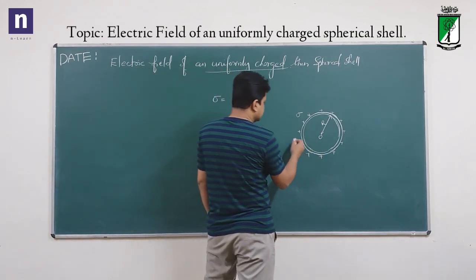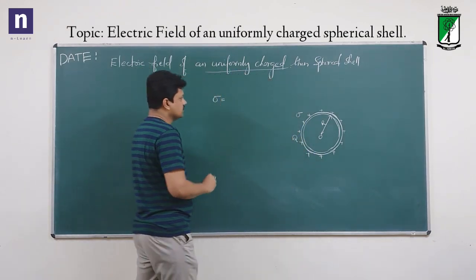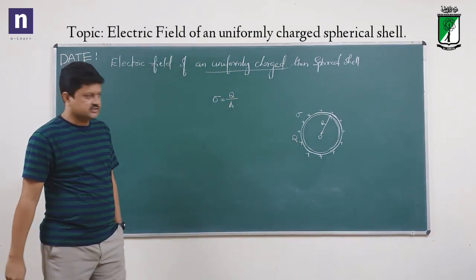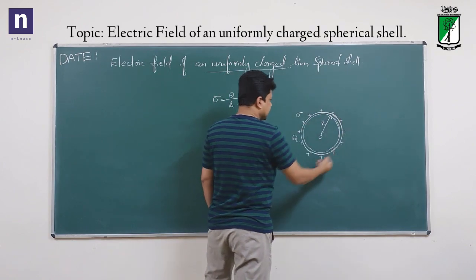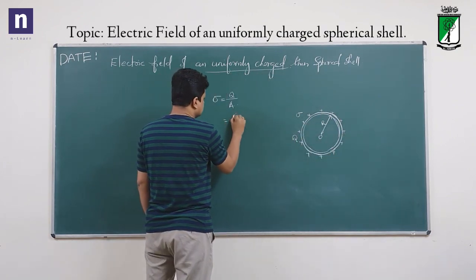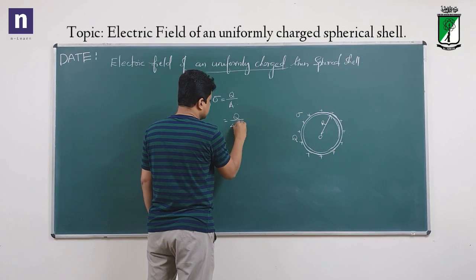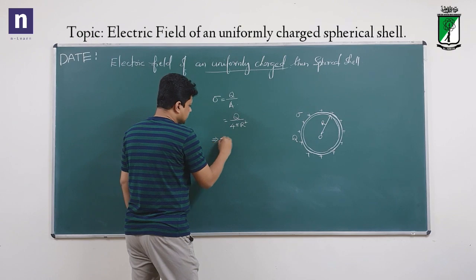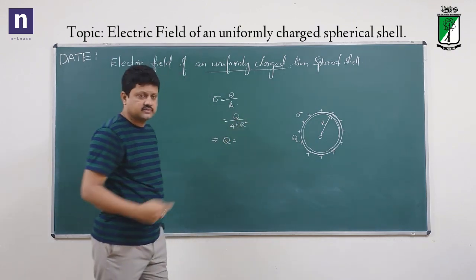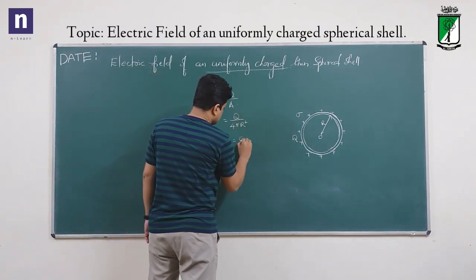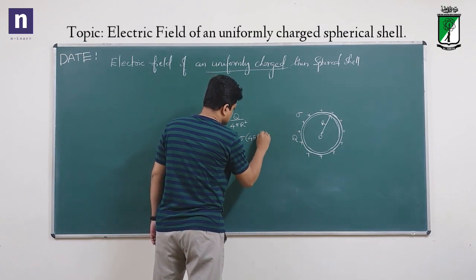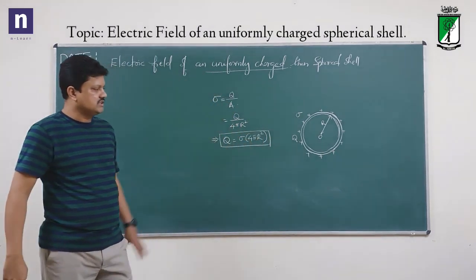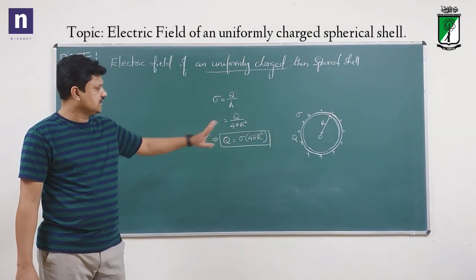So here, if I assume the charge to be some Q, then Q divided by A is the charge density, where A is the surface area of this shell, which is 4 pi R square. So this gives you the charge on the spherical shell to be sigma into 4 pi R square.